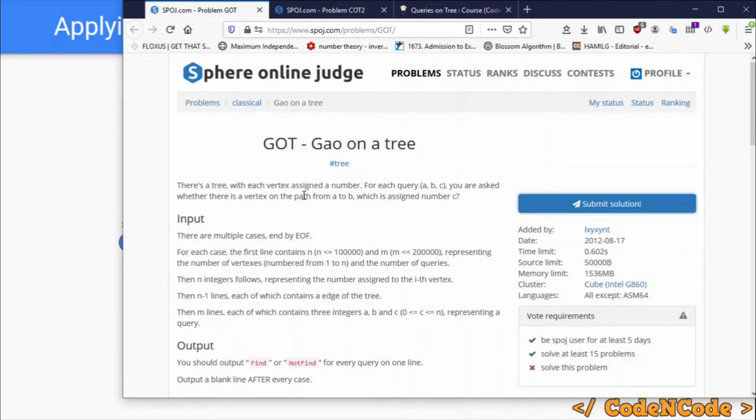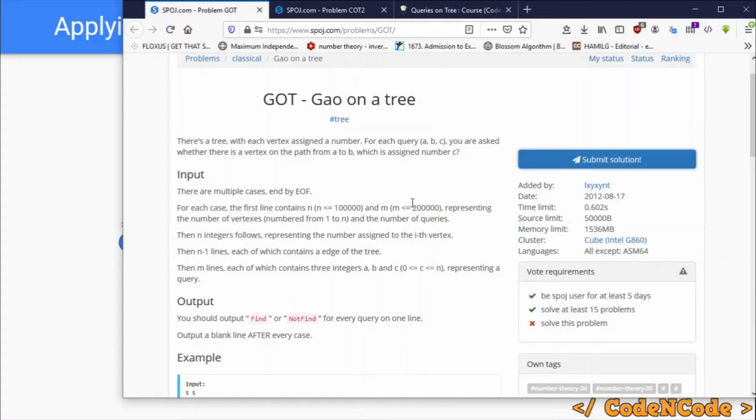So first problem is this one. I think it is more easy. The problem is you are given a tree and a query of the form A, B, C, and each node in the tree is assigned a number from 0 to n.